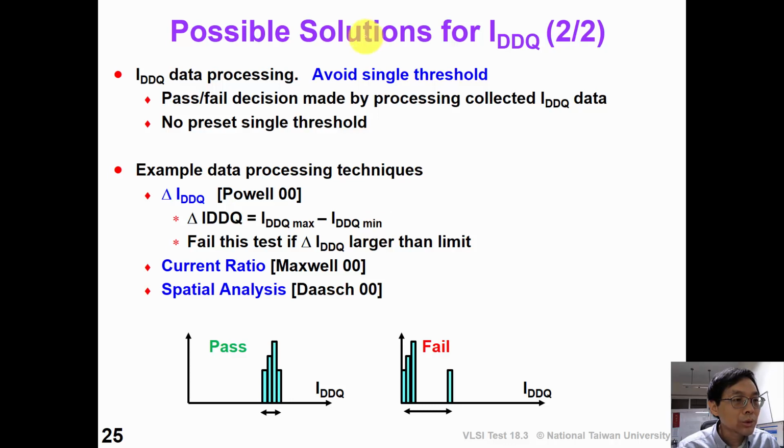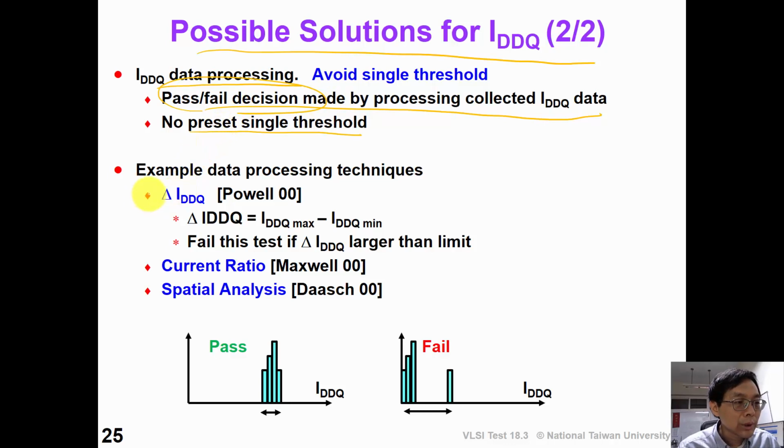If we don't want to change the design or technology, there are some data processing techniques available. We don't want to set a single threshold, so we collect all the IDDQ data and then we do post-data processing to make a pass-fail decision.